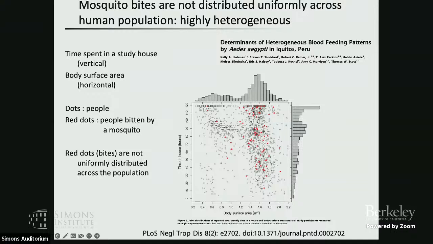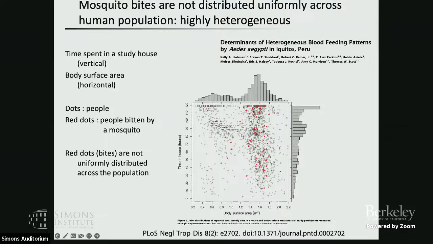And so here they are looking at body surface area. These are all the people in the survey. Body surface area is a measure of their size, along with the time spent in different houses. So they looked at a group of people and the different places they went to.